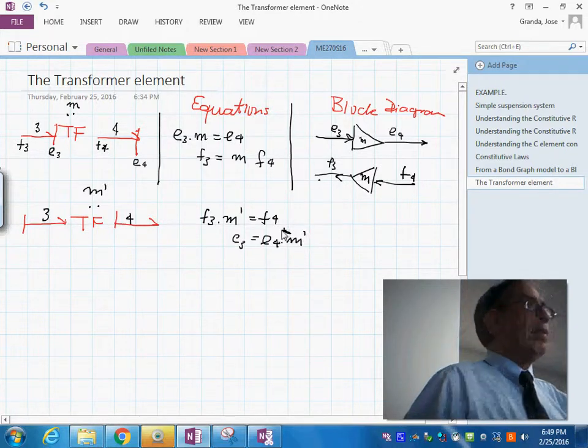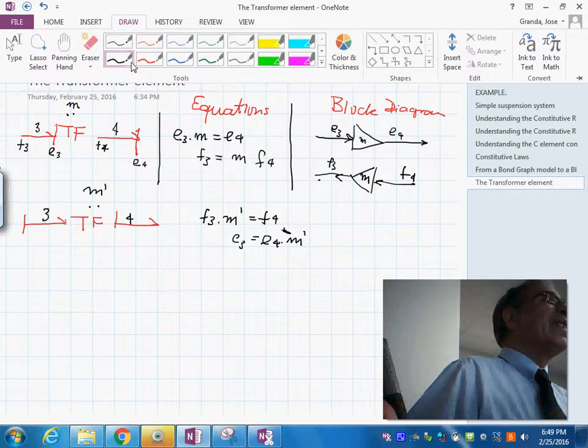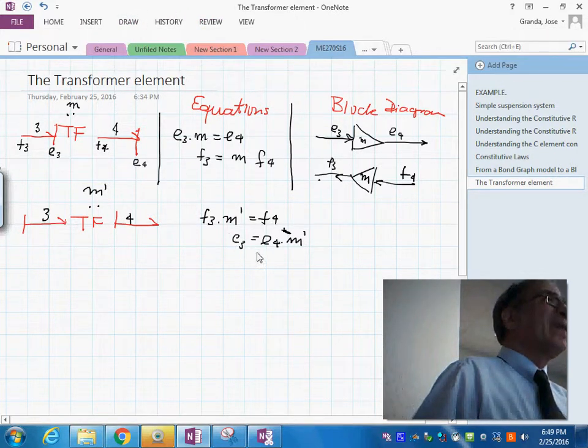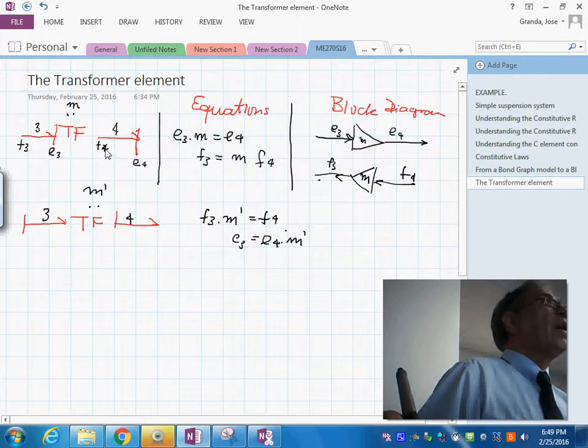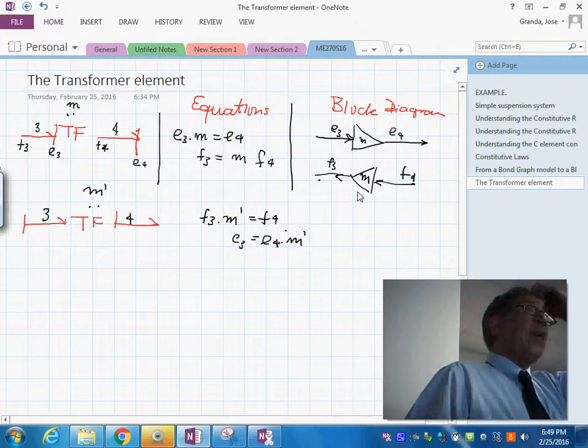Let me just give you some examples of this. And with that we can see the block diagram I'm forgetting to do. See here, you know that the effort in here is e sub 3.